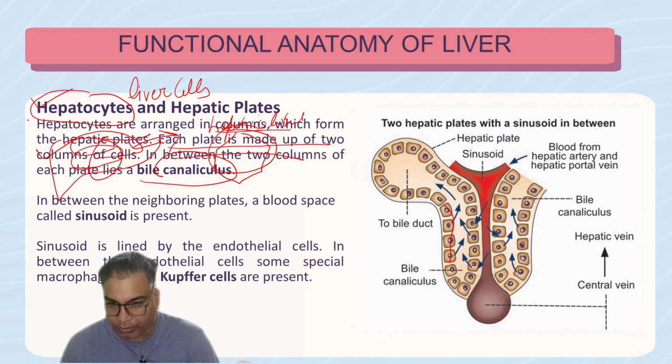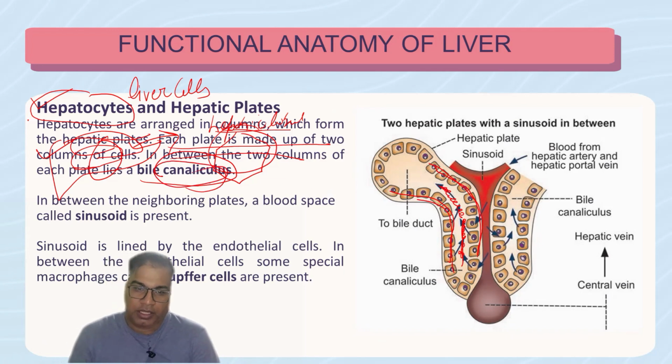One hepatic plate is formed by these two columns formed by the hepatocytes, and the space between these columns is called bile canaliculus.